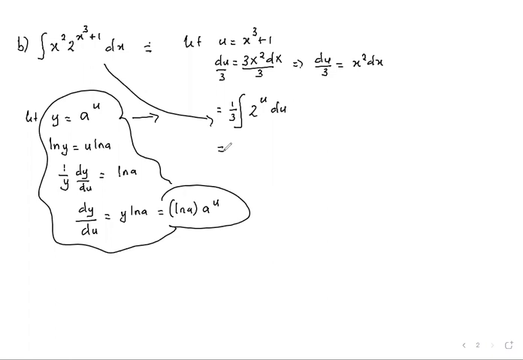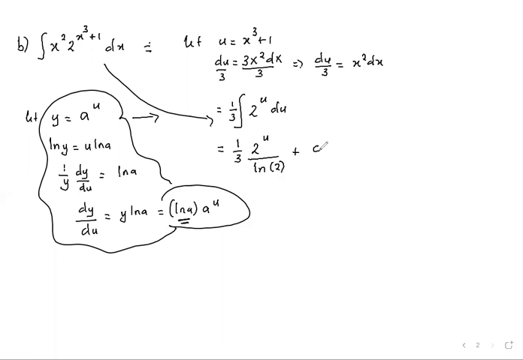So this integral will need this part here. The integral of this is going to be 1/3 times 2 to the power u divided by ln 2, plus the constant c.